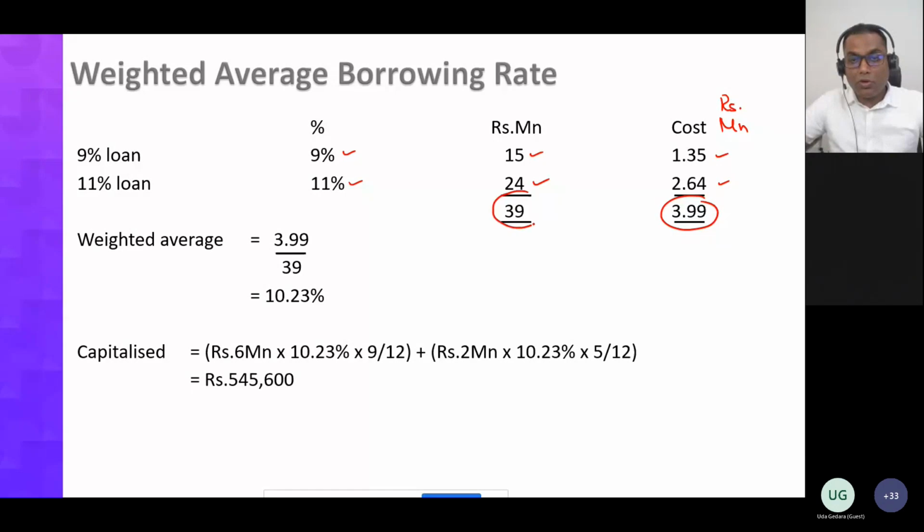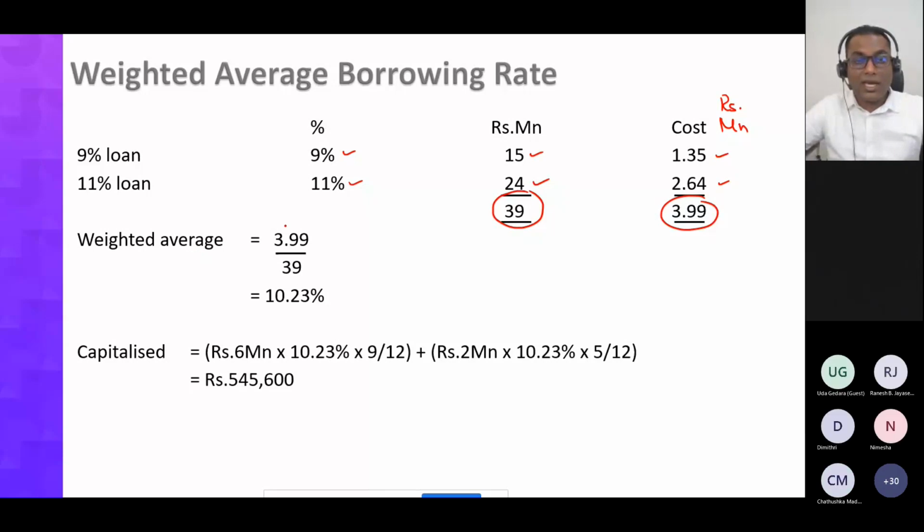Then the total borrowing value is 39 million. To calculate the weighted average borrowing rate, you take the finance cost 3.99 divided by 39. So you get the weighted average borrowing rate of 10.23%. I hope all of you understood how you got that. Okay, hope it is clear.